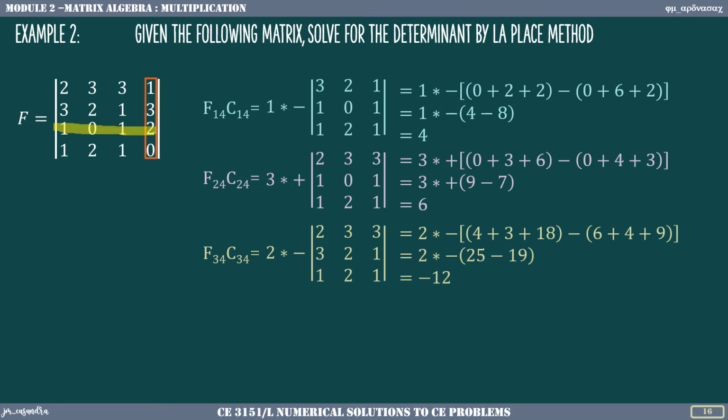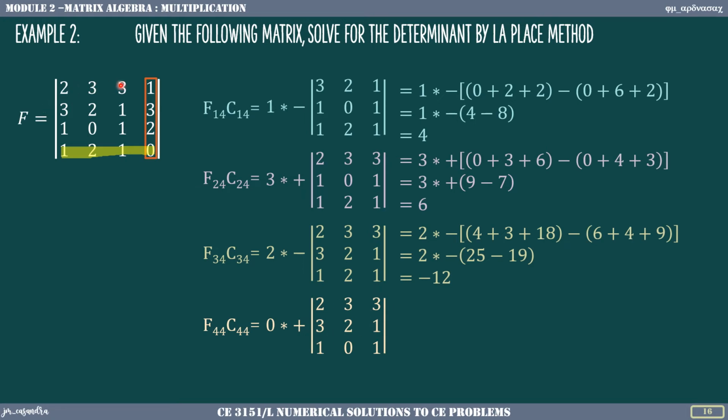Then, lastly, we have the last element, 0. So we have F44 times C44. So that will be 0. 4 plus 4 is an even number, so it's a positive minor matrix.